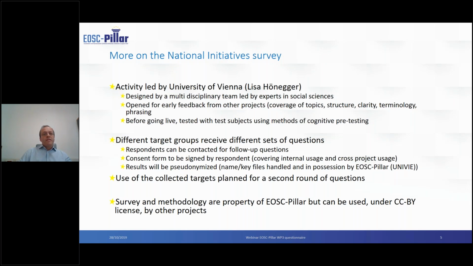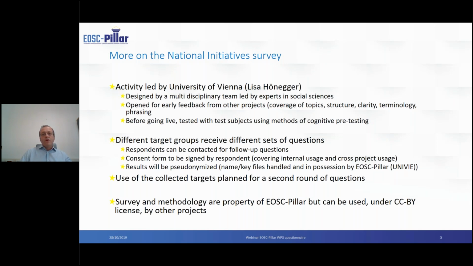An important thing about the questionnaire is that each mail contains a personalized URL, which links to the person who received the questionnaire and the specific service, research infrastructure, funding body, or university, for which we believe that person is best suited to answer.